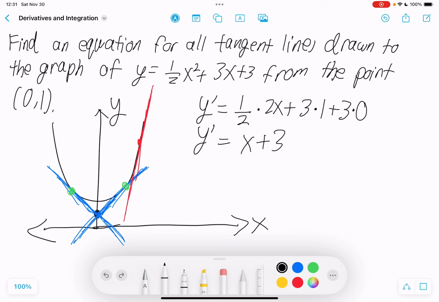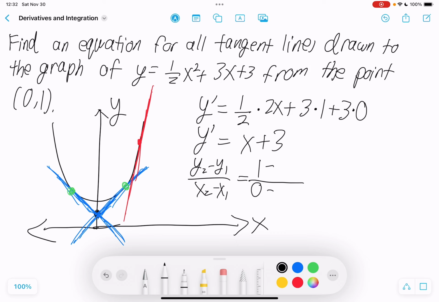So we want to find out where the green points are, and we have to find the x-coordinates specifically. But firstly, how do we get the slope of a line without the derivative? Well, it's y2 minus y1 over x2 minus x1. We know (0, 1) can be x2, y2, so y2 is going to be 1 and x2 is going to be 0.